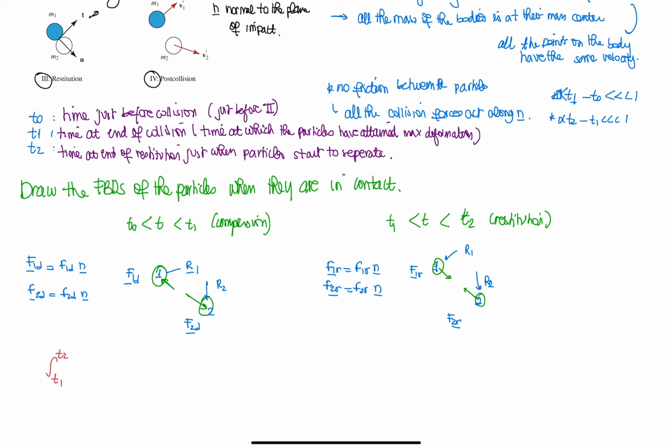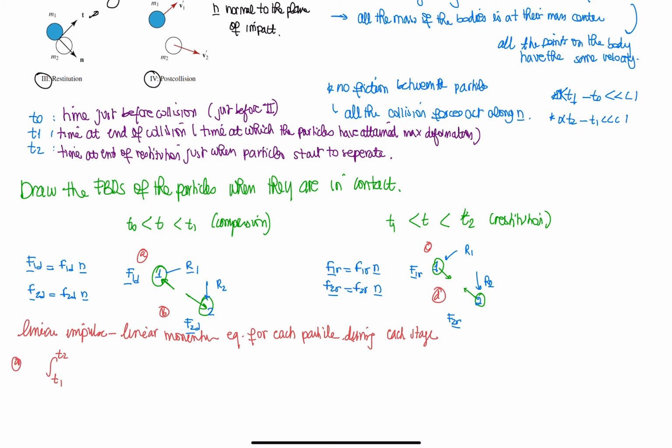Okay, so I can write the linear impulse, linear momentum equation for each particle. So the integral between T1 and T2, during each stage basically. So that's like A, B, C, D, each particle at each stage.